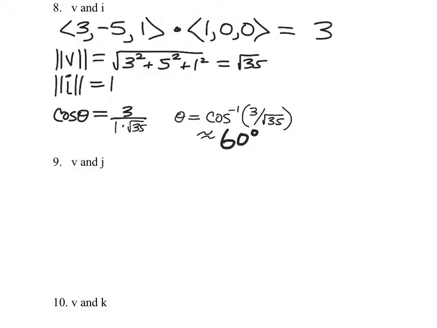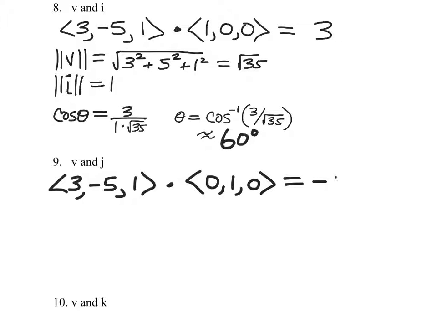Now, vector v is still root 35. V and j is still going to be a simple product. So 3, -5, 1 multiplied by 0, 1, 0.